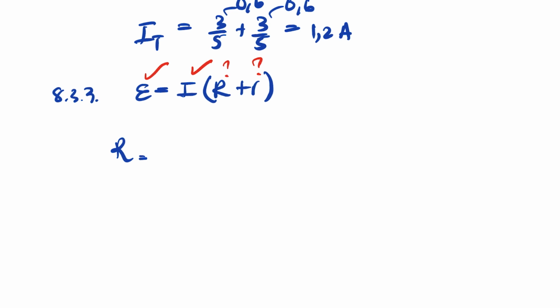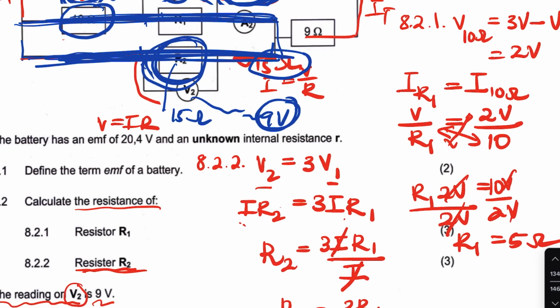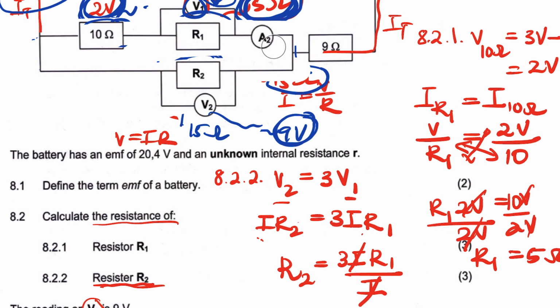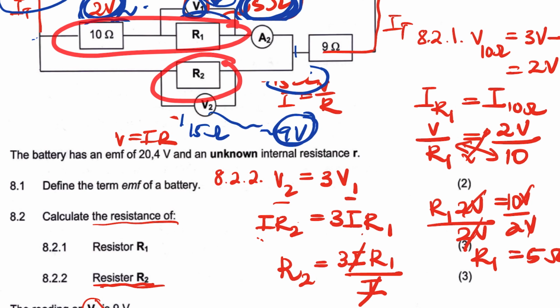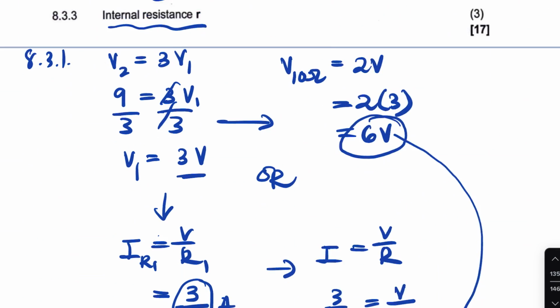The R external, guys, you need to be very, very careful how we get the R external. Let me erase here. The R external is made up of this series and make it parallel with this one plus this series. It's a series in parallel, this one, right? And so you make the parallel of these two plus this one, that's R external.